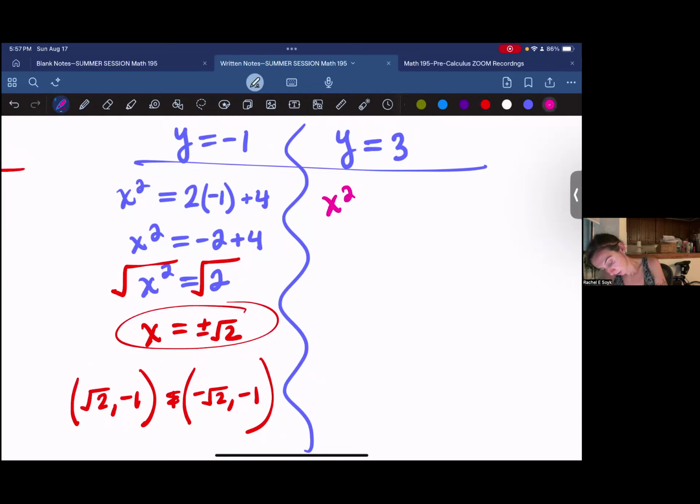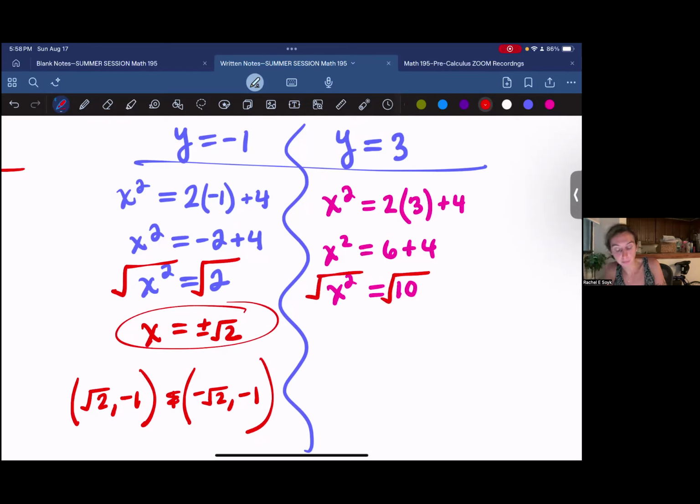So x squared is equal to 2 in parentheses now positive 3 plus 4. 2 times 3 is 6. 6 plus 4 is 10. Then we're going to take the square root of 10, which cannot be simplified. And so we have x is equal to plus or minus the square root of 10.